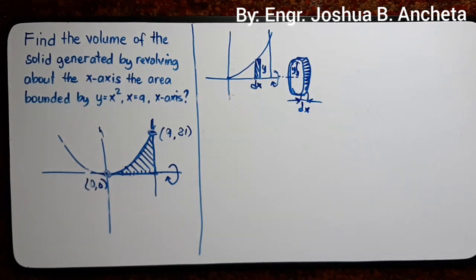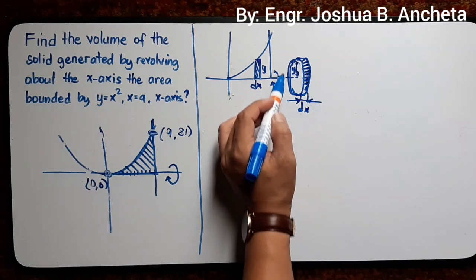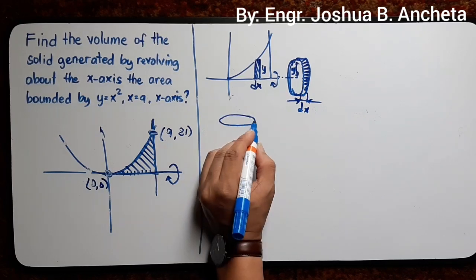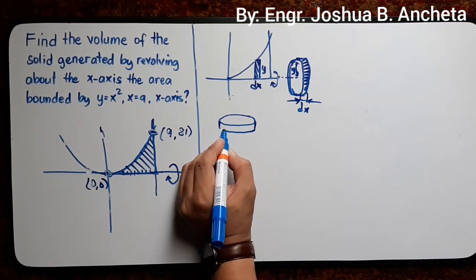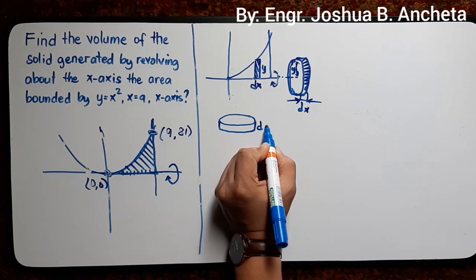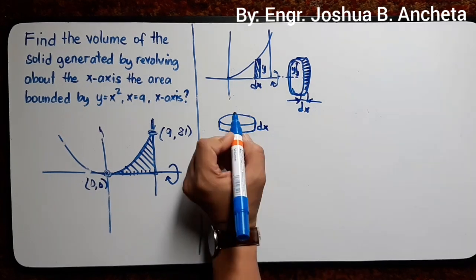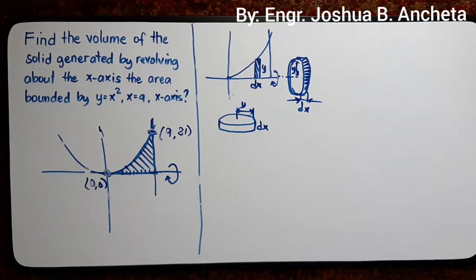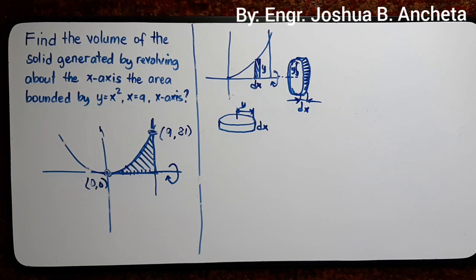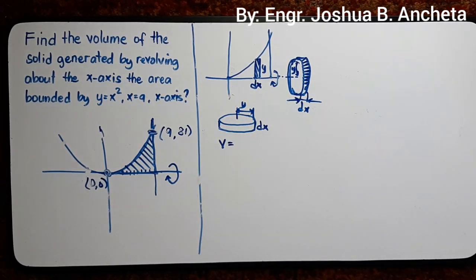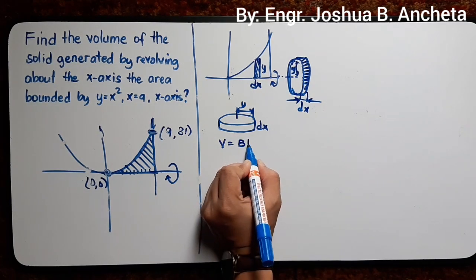If we analyze this generated solid, it looks like a cylindrical object with very small height. This is the height of this cylindrical object, and this is the radius. The volume of a cylindrical figure is base times height.